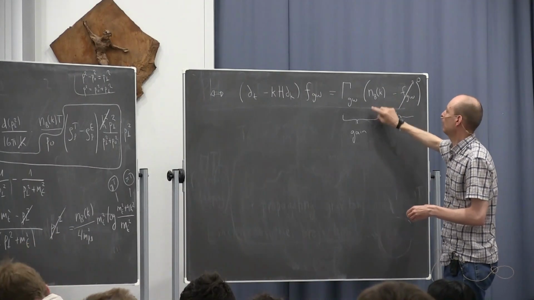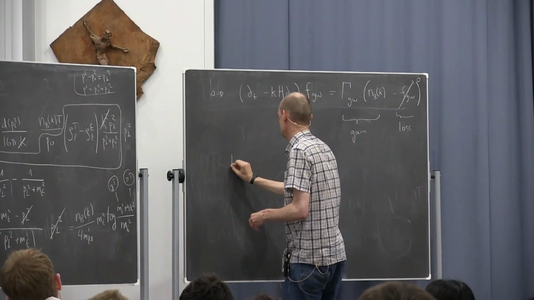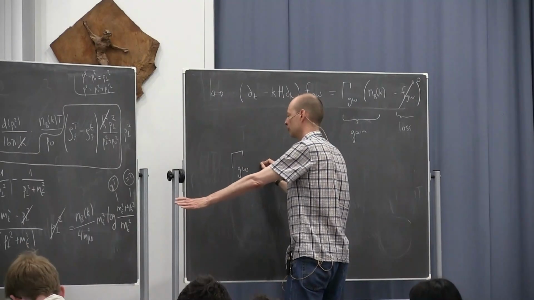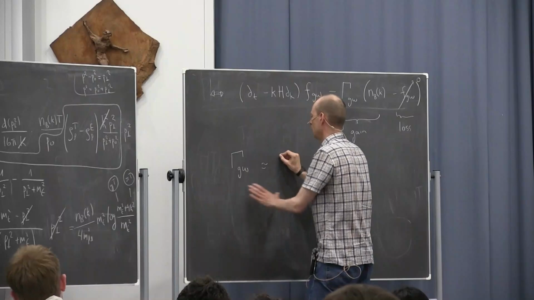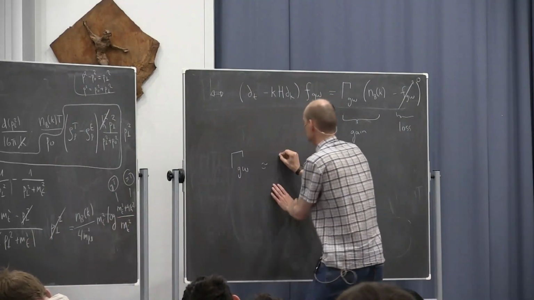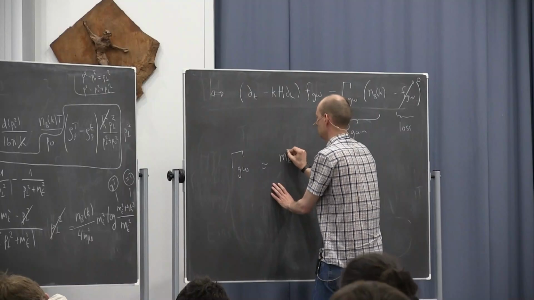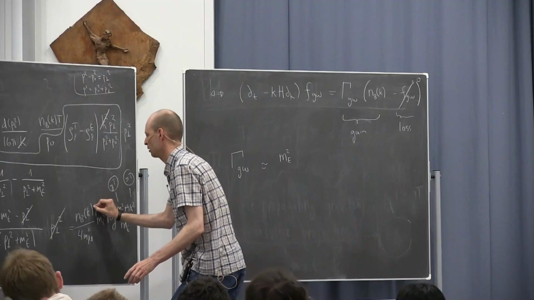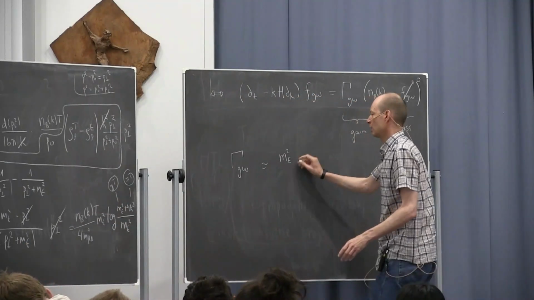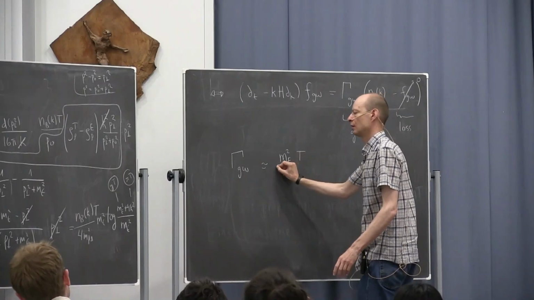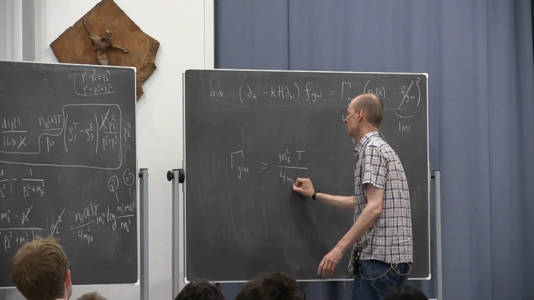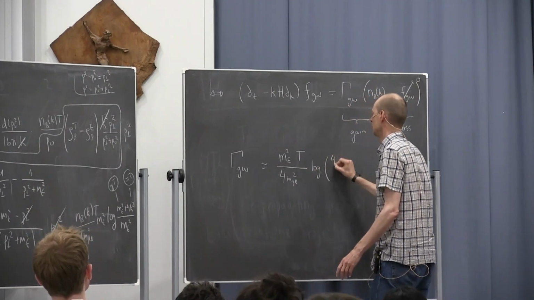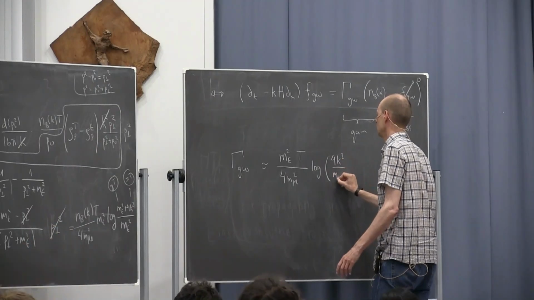This is the gain term, and then if we write it like this, then we can write that the gamma GW is m_D squared times T divided by 4 Planck mass squared, log of 4k squared over m_D squared.